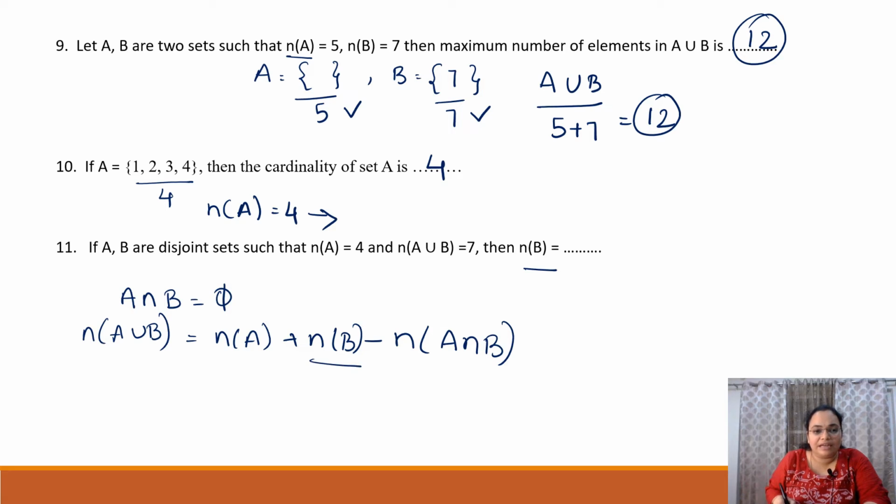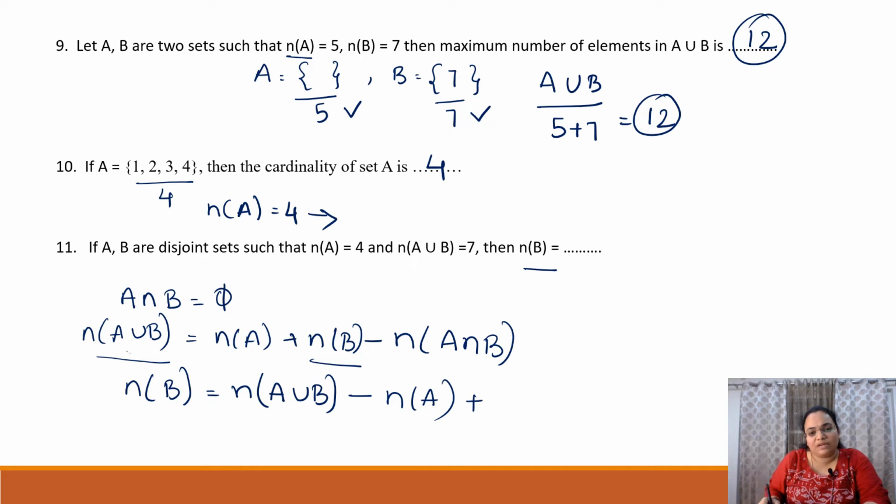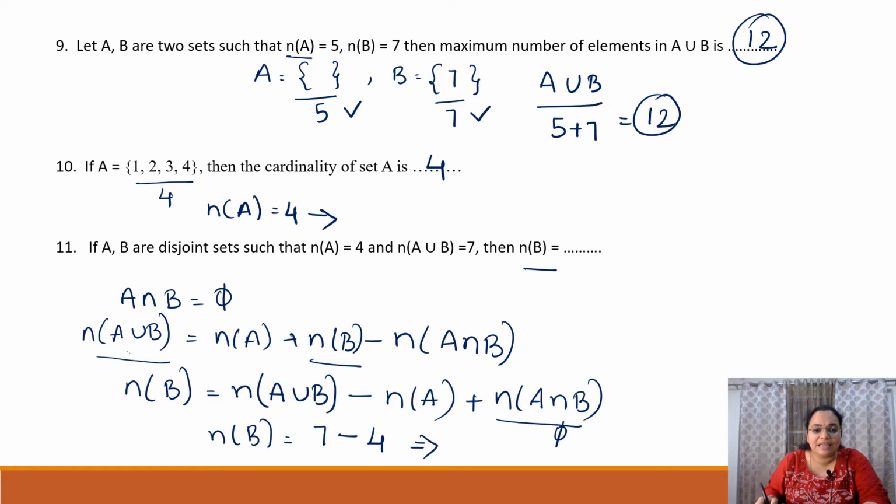If we want to find n of B, that will be n of A union B, minus n of A, which goes to the left hand side, and plus n of A intersection B. So n of B is equal to, n of A union B is 7, minus n of A which is 4. The intersection is anyway the null set, so it is 7 minus 4, which is 3. So n of B is 3.